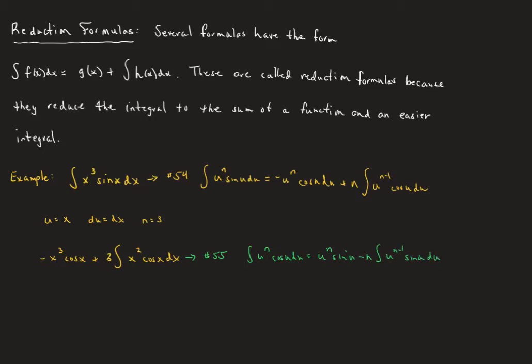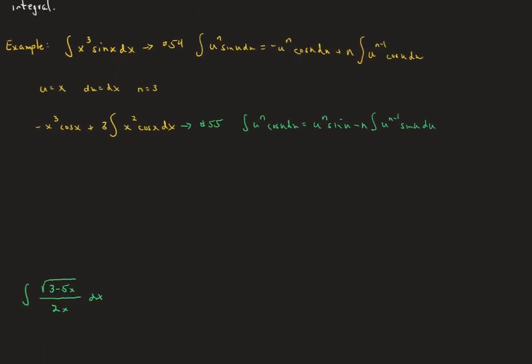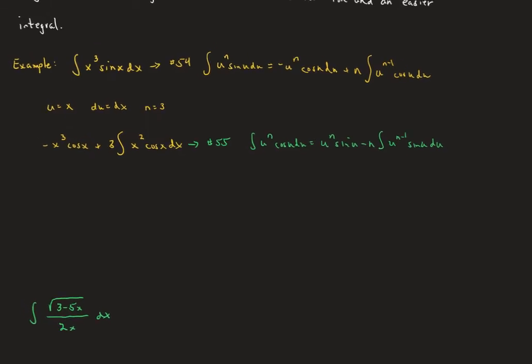I'm going to slide the panel up a little bit here. In this one, our u is again going to be x, and the du will again be dx, but this time our n is 2.